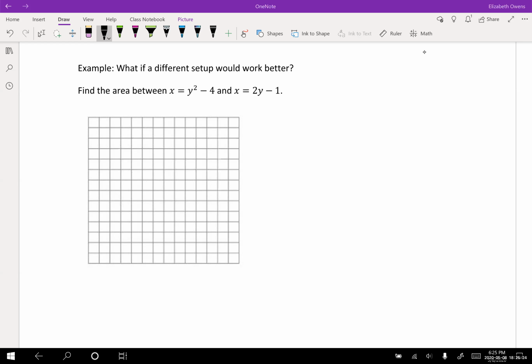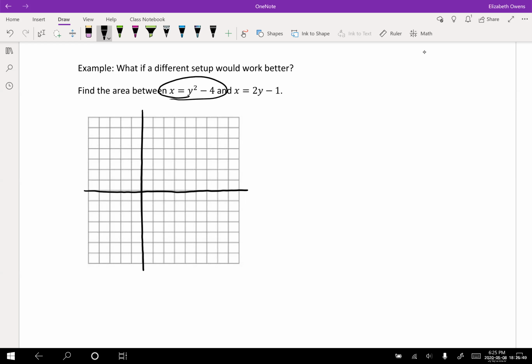All right, so let's start out by graphing our functions here. And this you might even need to refresh a little bit if it's been a while since you've graphed x as a function of y. But remember that this type of function here, x equals y squared minus 4, that's still a parabola.